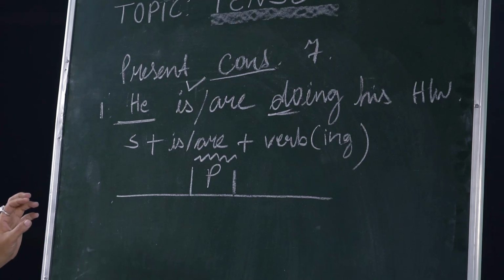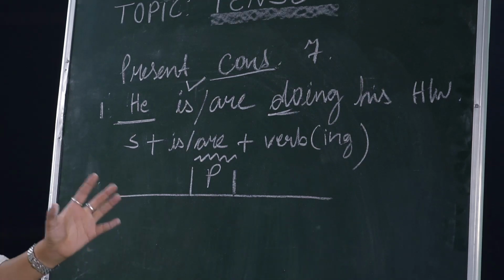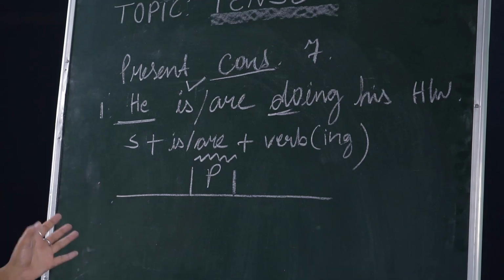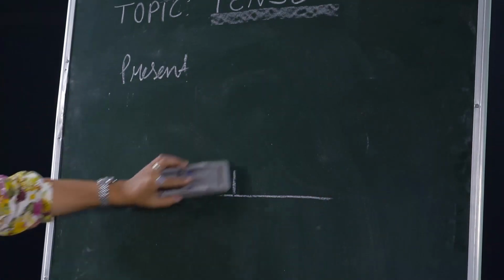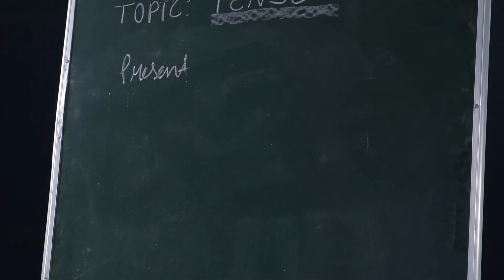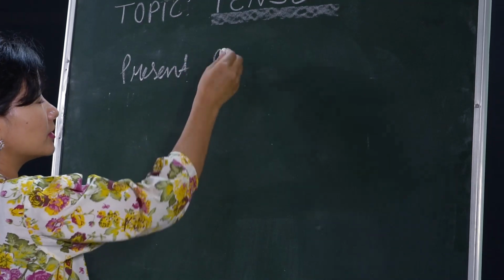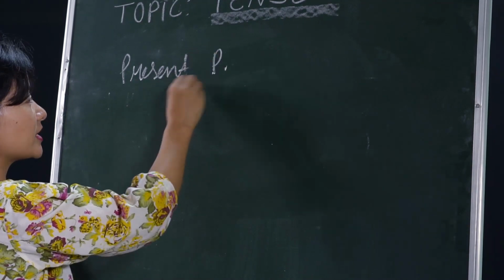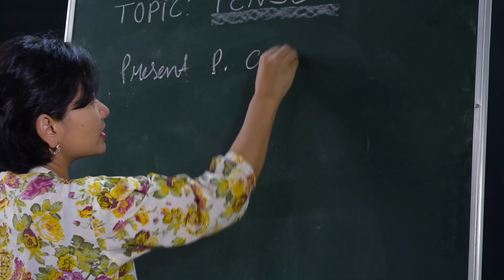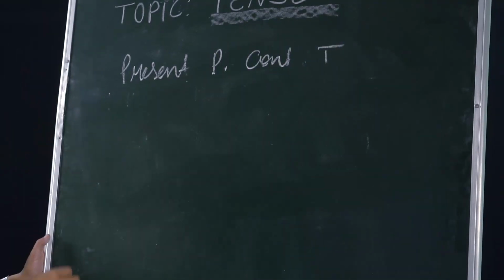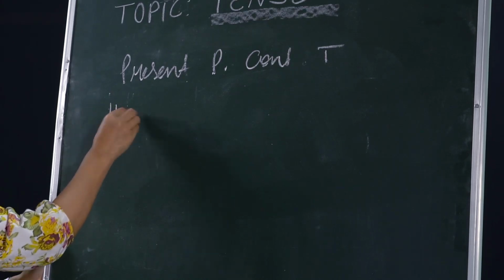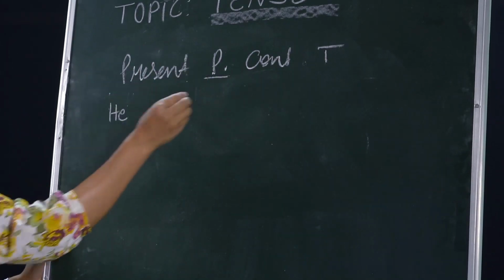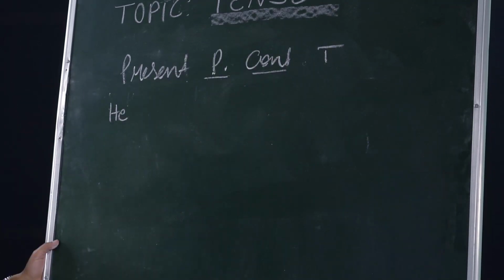Now, let's try to add present perfect continuous tense here. How would our sentence be? To save time, I would just use P here for present perfect continuous tense. So now let's try the same example. Using the same example, he, since it is perfect and since this is continuous, we need either has or have.